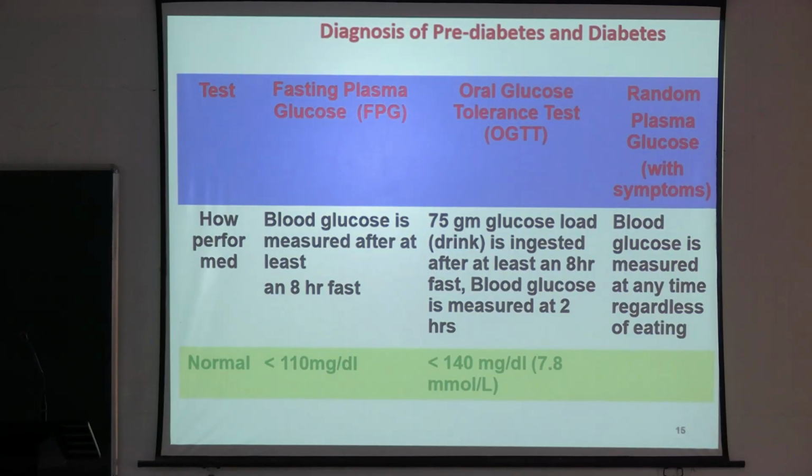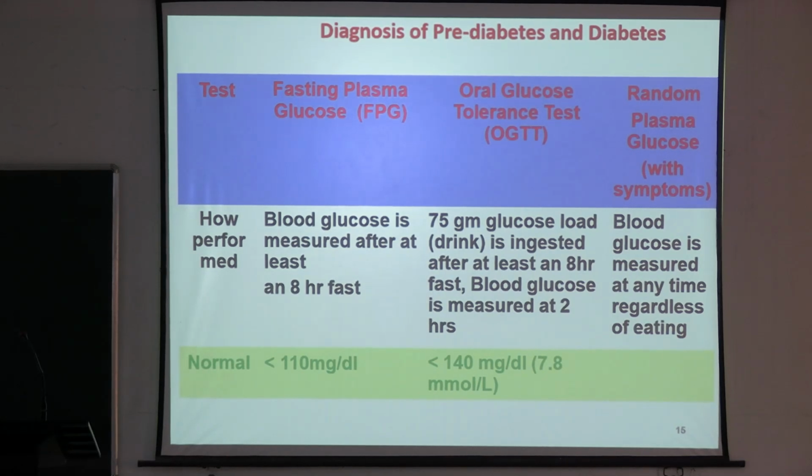Then you do an oral glucose tolerance test, in which you give 75 grams of glucose, and you measure the blood sugar after 2 hours. It should be below 140. Then the third one is RBS, random blood sugar.